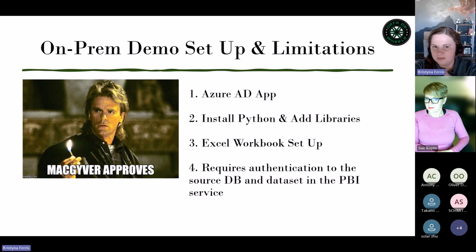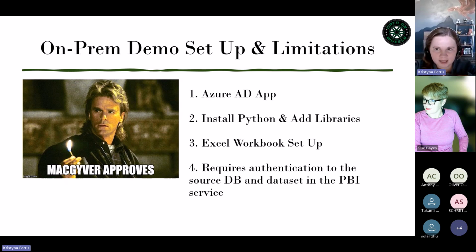So if you don't have admin rights, how do you run admin APIs? I'll show you a little way around that using an Azure AD app. So unfortunately, some of that is still a thing, but it is still way easier than what I'm going to show you for the on-prem version.